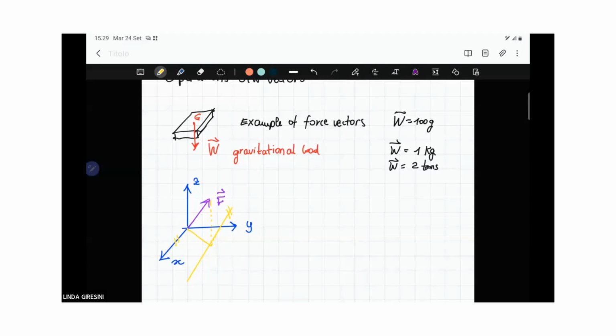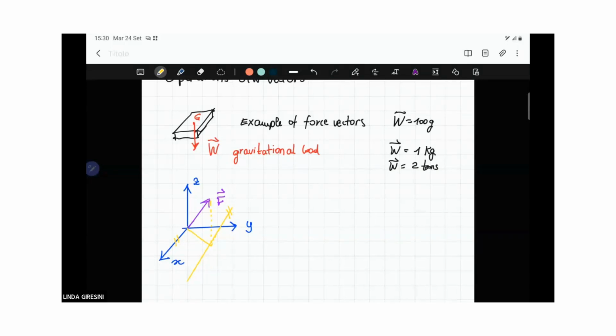So I repeat it. First, you have the force vector, F, which is in a 3-dimensional space. Do you hear me from home? Yes? Okay.